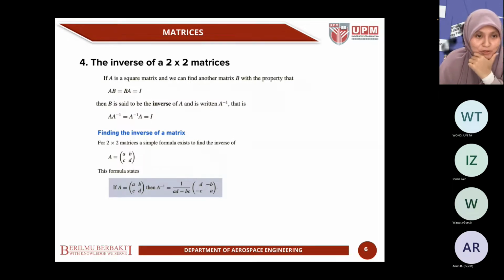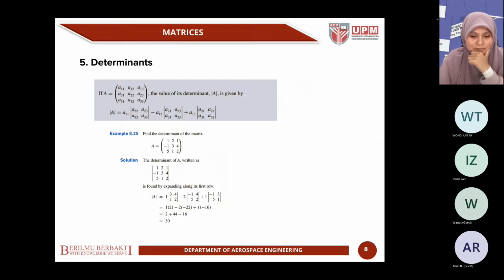So I continue. Determinants. Next, after we have seen how to calculate the inverse matrix, now the determinants. For a 3 times 3 matrix A, the value of its determinant is given by the rules here.